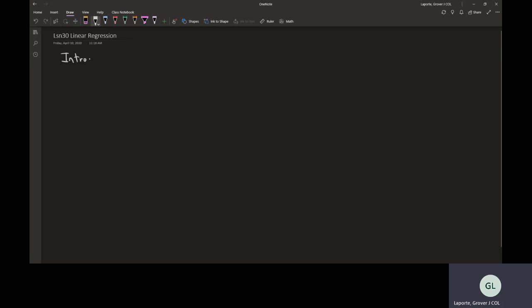Introducing the least squares regression problem as an example. So we're just going to give an example.